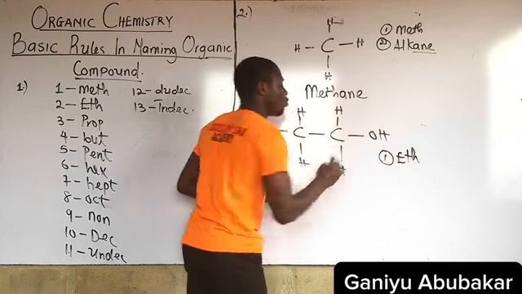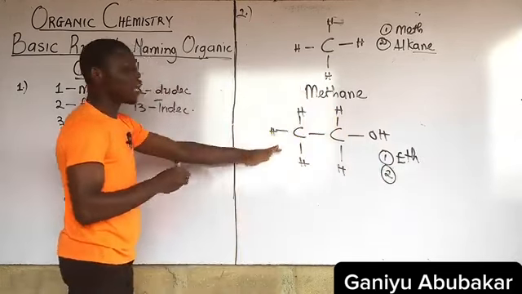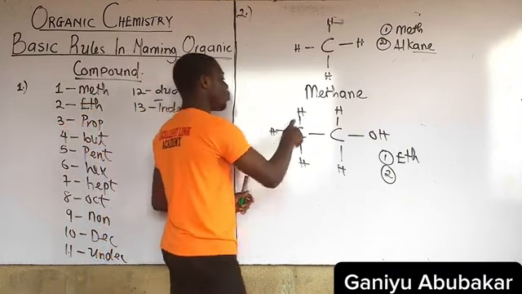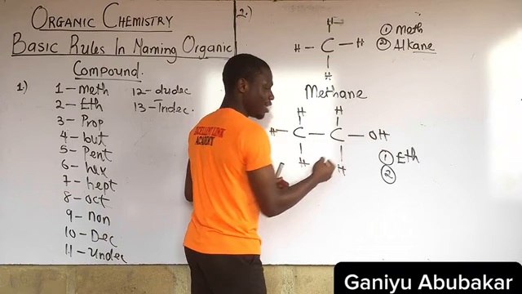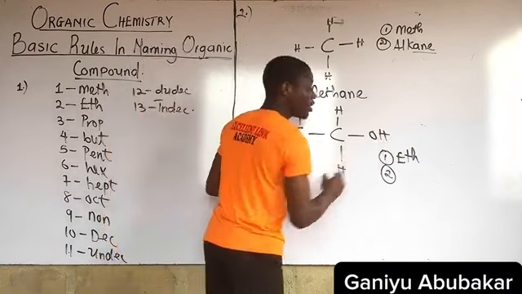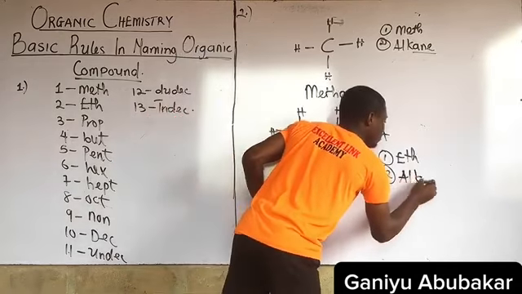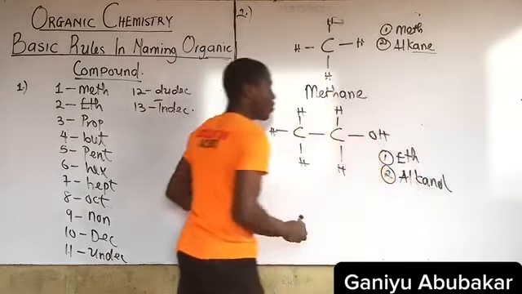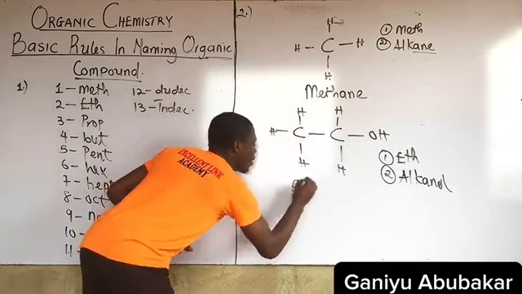Rule 2 says identify the functional group here. What's the functional group here? Of course, I'm seeing a single bond, but aside from the single bond, I'm seeing OH. So there's a kind of functional group that represents OH. That's what the alkanol is. So to name this compound now, I'll be having eth.